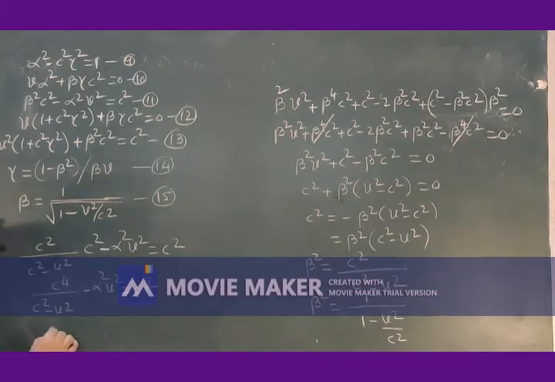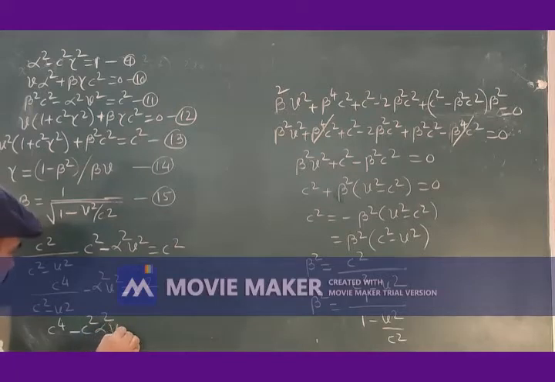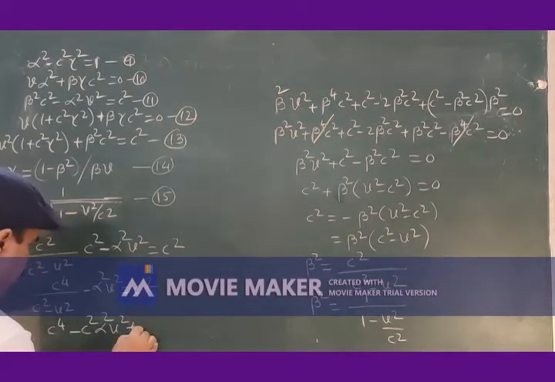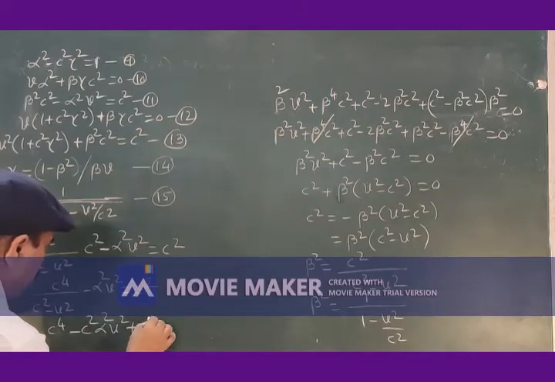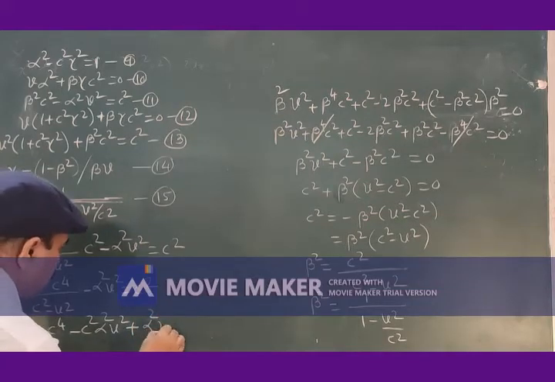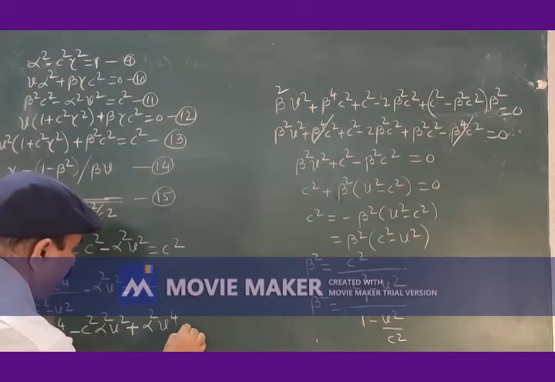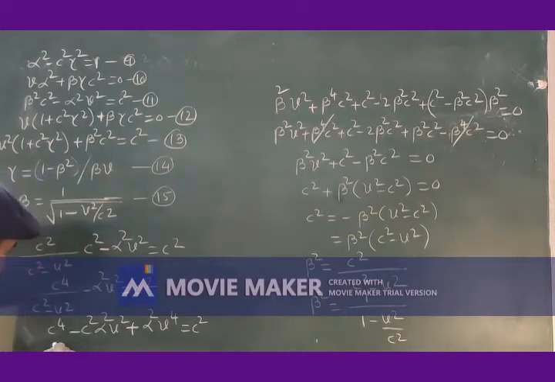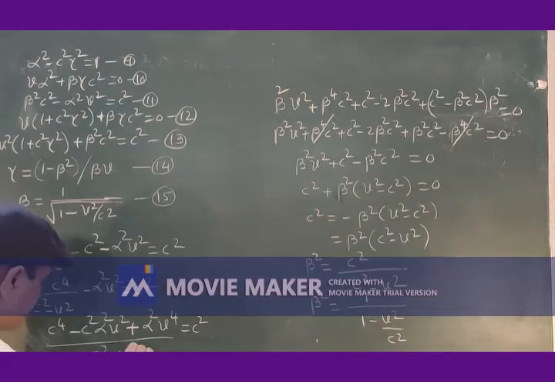This is for the c to the power 4 minus, multiply this by c square, alpha square v square, multiply this by this minus v square, minus minus plus alpha square v to the power 4 is equal to c square whole divided by c square minus v square.